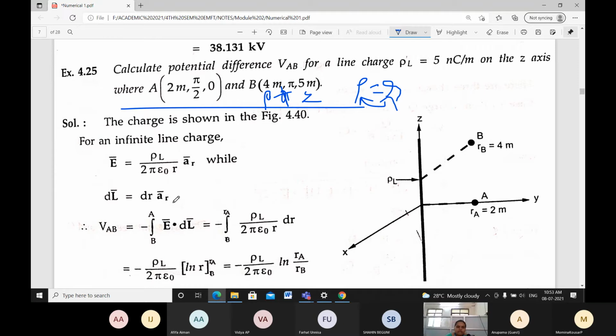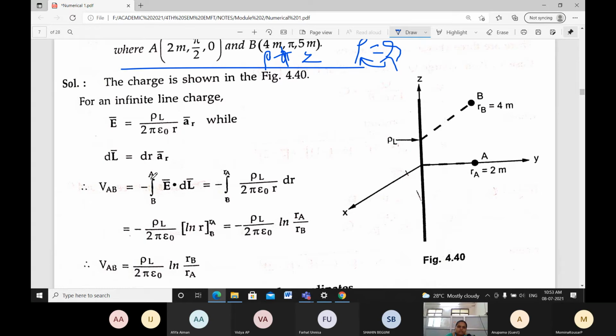DR into AR. Therefore VAB is going to be, we know that, minus integral from B to A of E dot DL. We know this E, that is rho L divided by 2 pi epsilon naught into R, into dr, where R is varying from RB to RA.